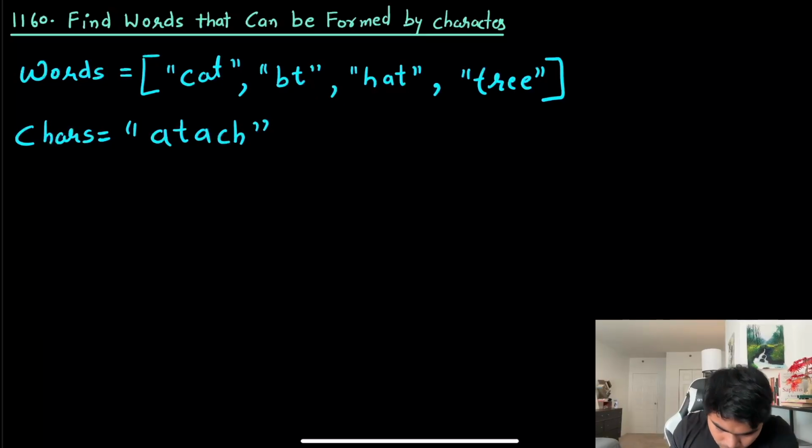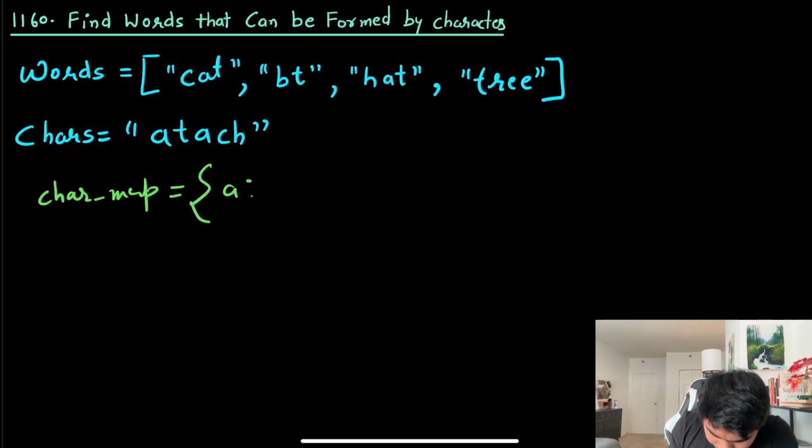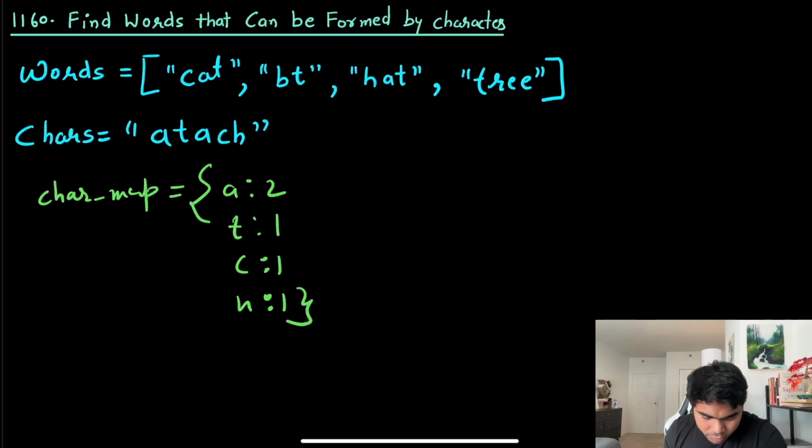So this is what we will do. First we will create, let's say, char map. For this, A appears twice, and then T appears once, C appears once, and H appears once. So this is the frequency map we will create for chars.